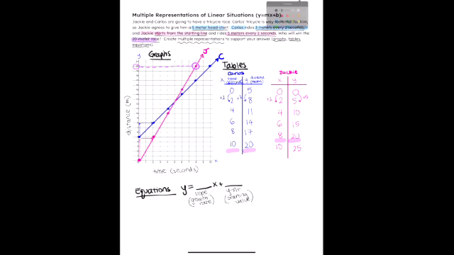So let's start with Carlos's equation. I'm going to use a C for Carlos. In this case, we're looking at our growth rate, which is our speed, and our y-intercept, which is our head start.